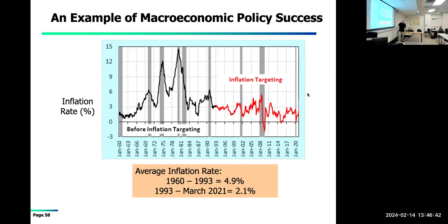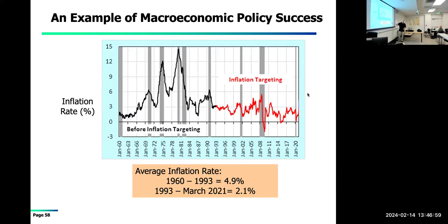And look at how consistent this little piece is and why this one is off the charts. Because the inflation rate's coming down, and there is no recession.